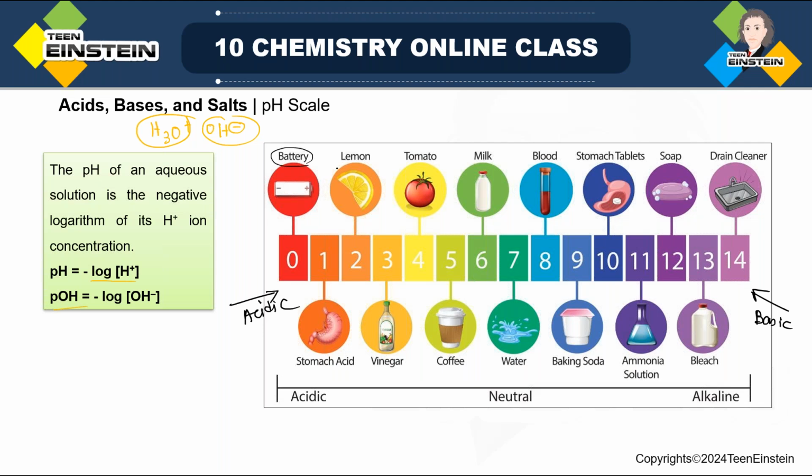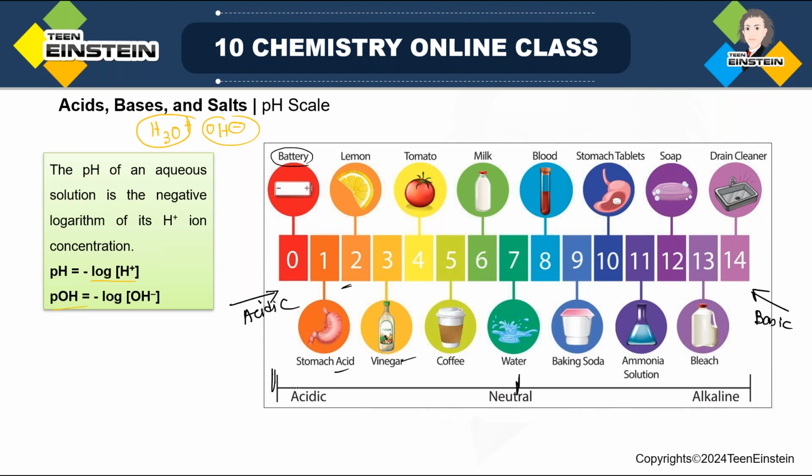Inside a rechargeable battery, for example an inverter, there is a very high concentration of H2SO4, so it is highly acidic. Then stomach acid, HCl, is also very acidic. Then lemon, vinegar. In vinegar we have acetic acid, which is not as strong as HCl and H2SO4. It is obviously on the acidic side, because from 0 to 7 is the acidic zone.